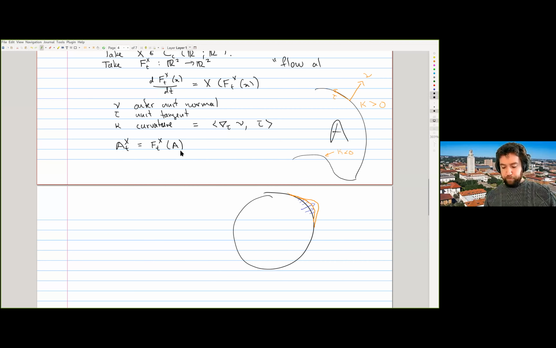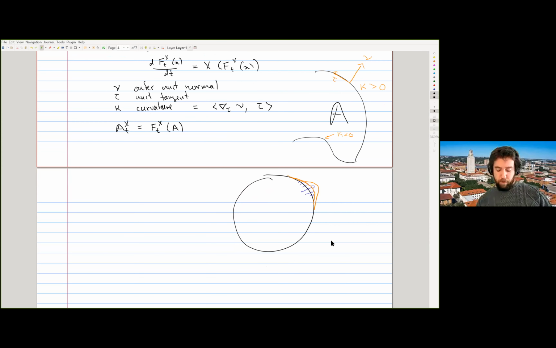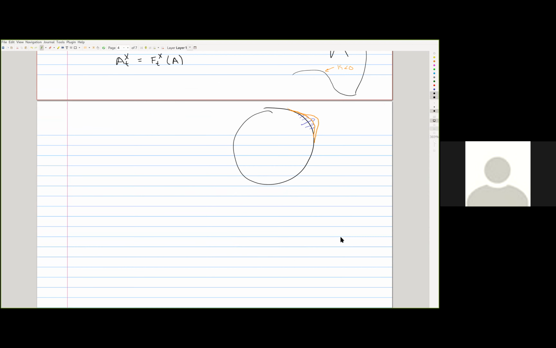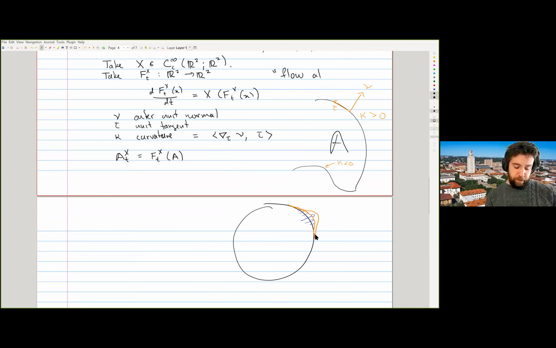All right. So the whole point of this is that I'm defining smooth perturbations of my set. I can differentiate things in t, and I can do calculus. I am not going to have time to prove these formulas, but let me write them anyway. So F_0 is just the identity? Yes, you're right. ODEs need an initial condition.